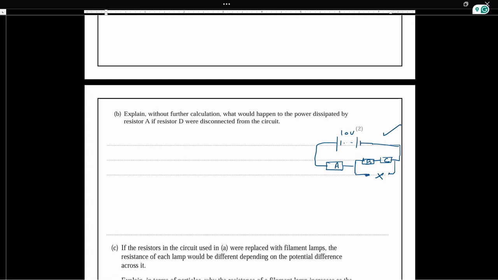When D is removed, there was another resistance connected in parallel, and that is removed. So now A, B, C are connected in series.